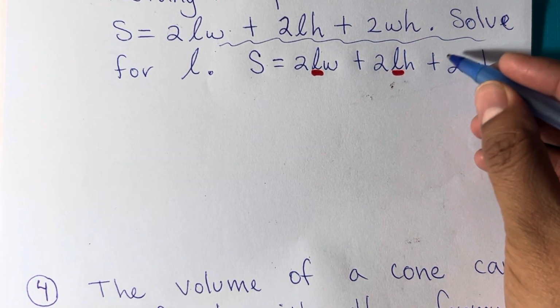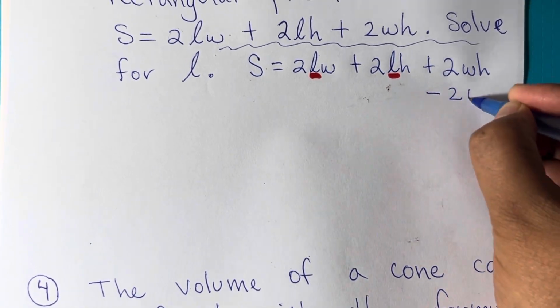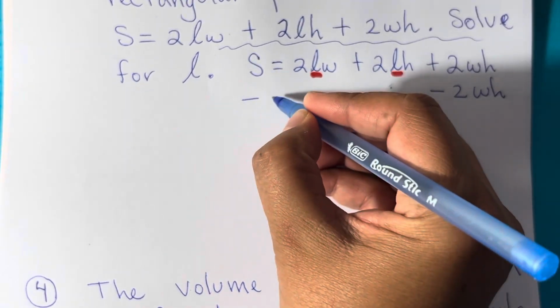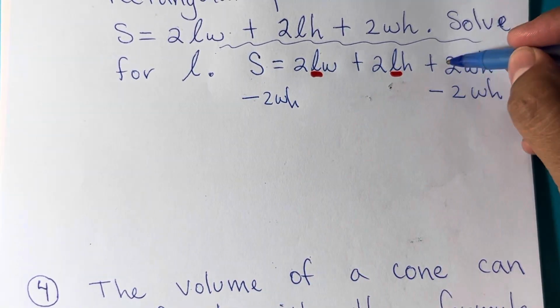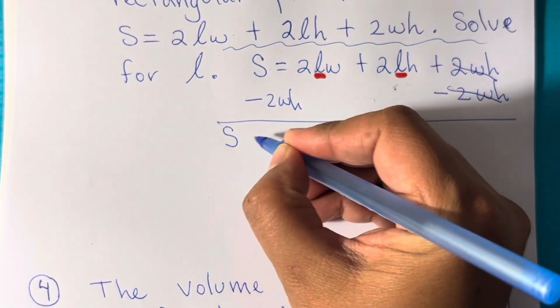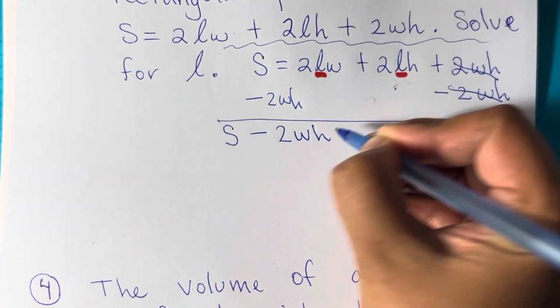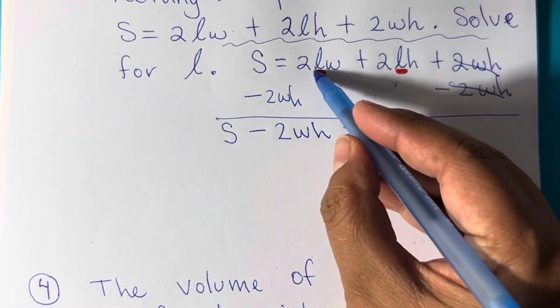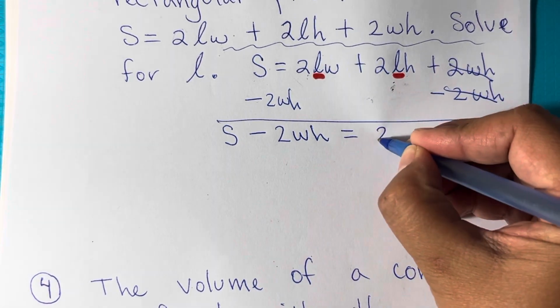So if we're adding 2 times W times H, we're going to subtract that term. We do it on both sides of the equal sign. In here, it cancels. And now we have the surface area minus those two sides equals, and now on this side of the equal sign, we only have these two terms.